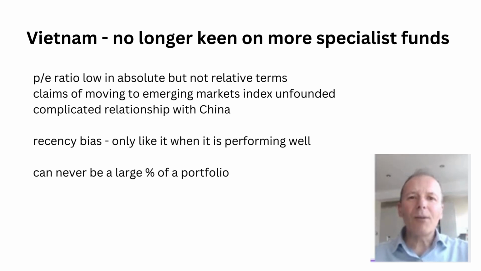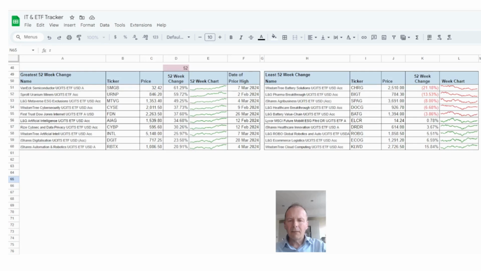I also think that if you have something like Vietnam, it can never be such a large percentage of your portfolio, so it's not really that great for a satellite holding. You'd have to have a lot of other holdings of this nature in your portfolio, and it would just make things very complicated.